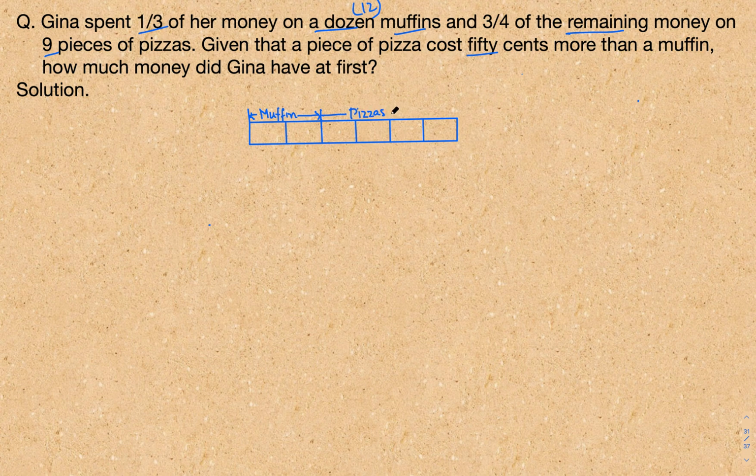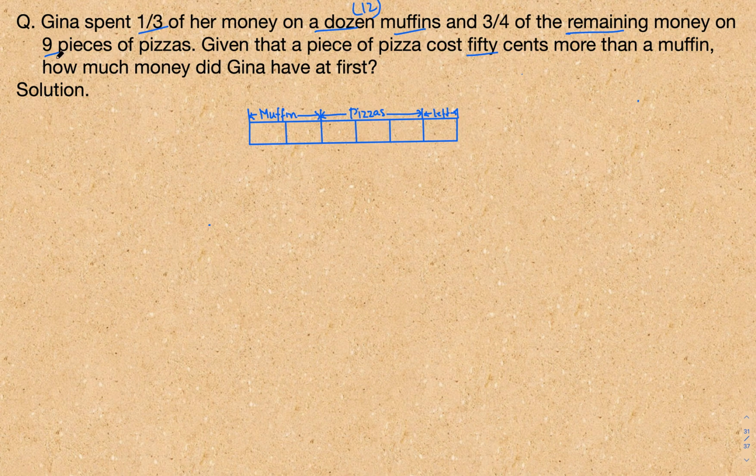So let's say this much she has spent on pizzas. So how much is left? Obviously 1 unit, right? So this is the left amount. Now we know that she has spent 2 units on muffin, 3 units on pizza, and 1 unit is left. Now what should we do?